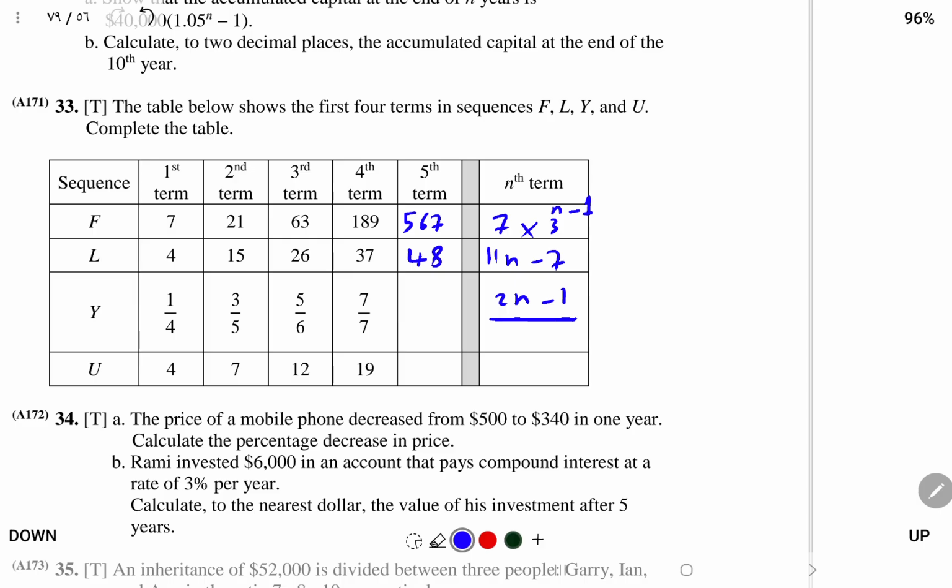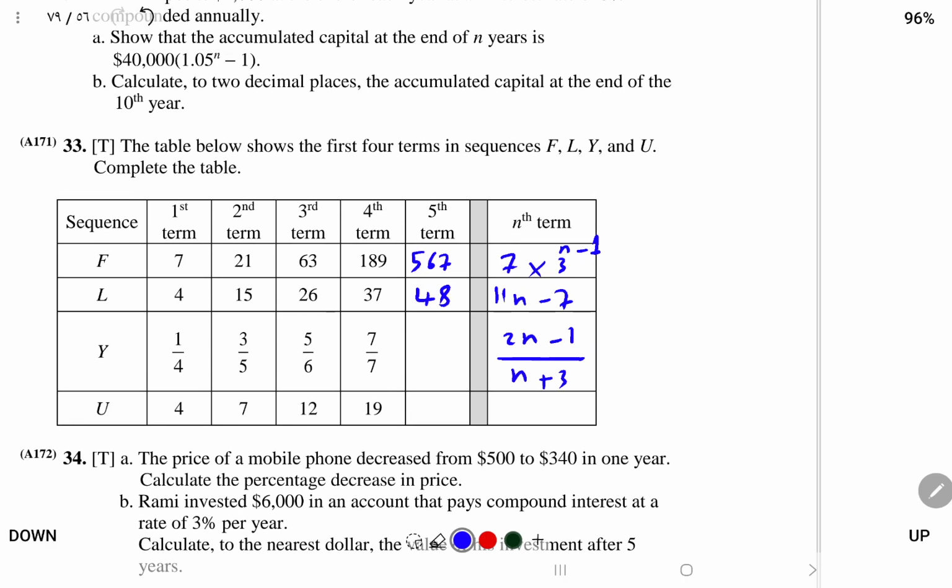And the bottom is also an arithmetic sequence consisting of first term 4, 4, 5, 6, 7. This is n plus 3. And then if you plug 5 here and here to calculate the fifth term, you can find that the fifth term is 9 over 8.